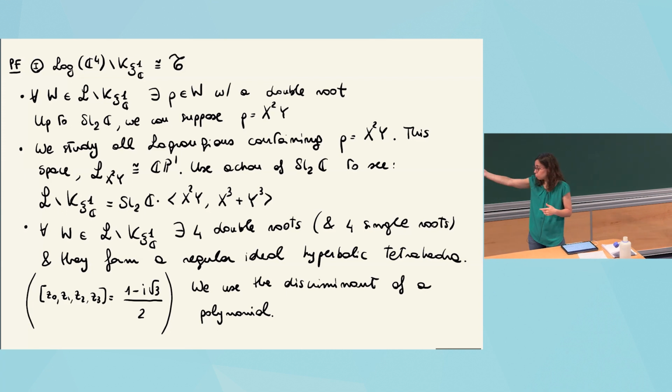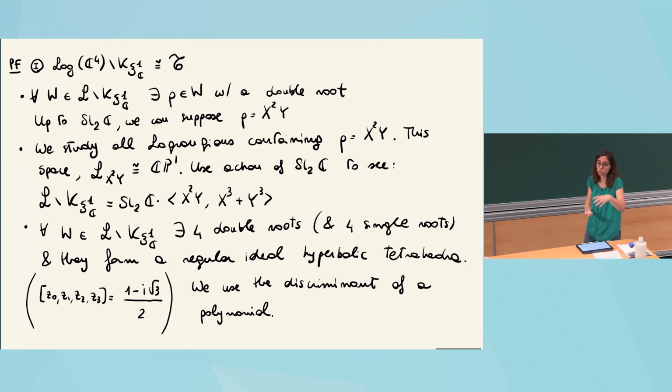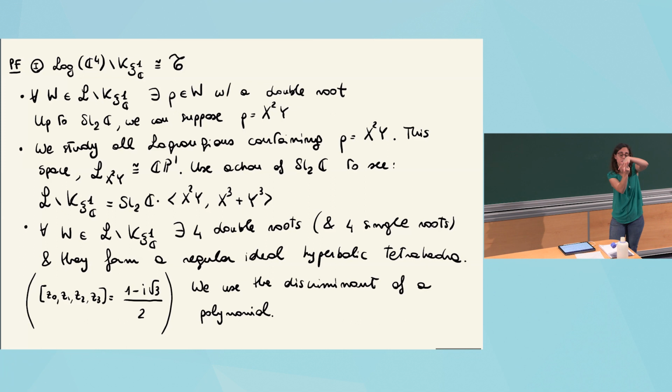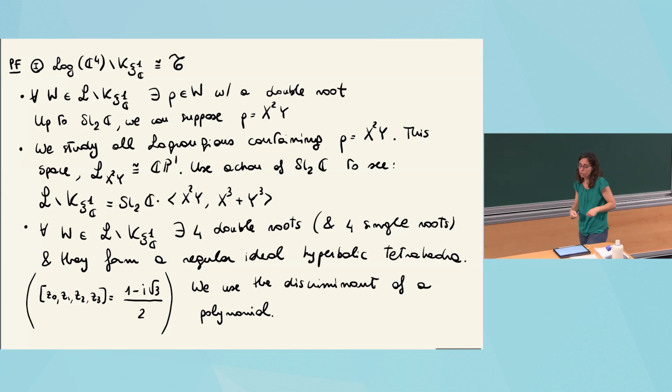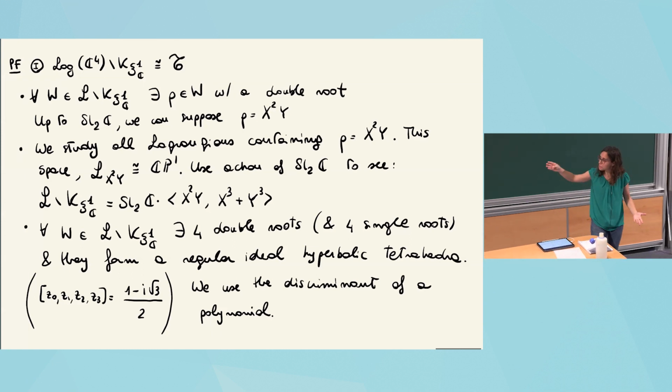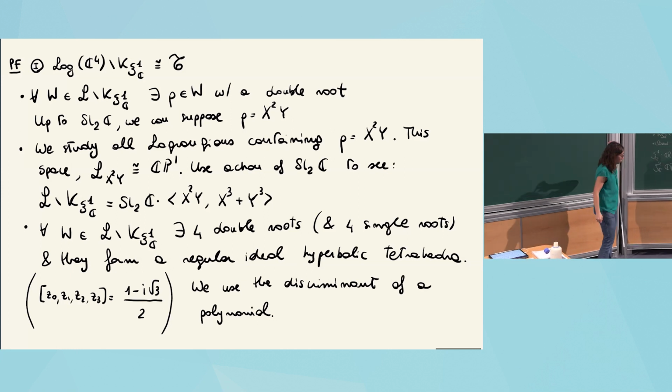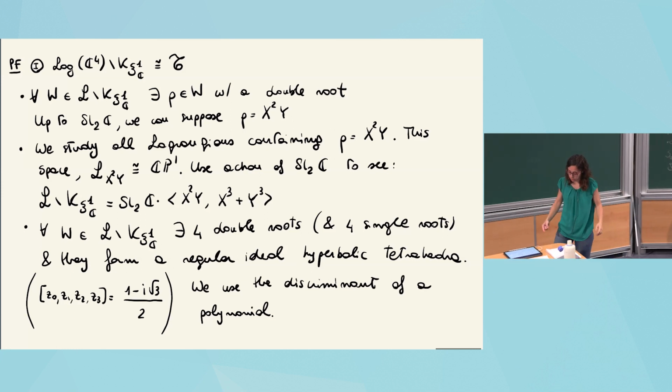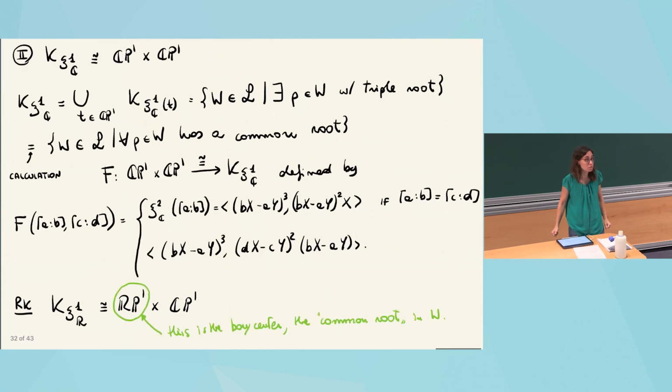And the same if you do it for double roots or for single roots, and in fact these two tetrahedra are really one the dual of the other. It was not a fact that we expected, but yeah, this is where tetrahedra come into play.